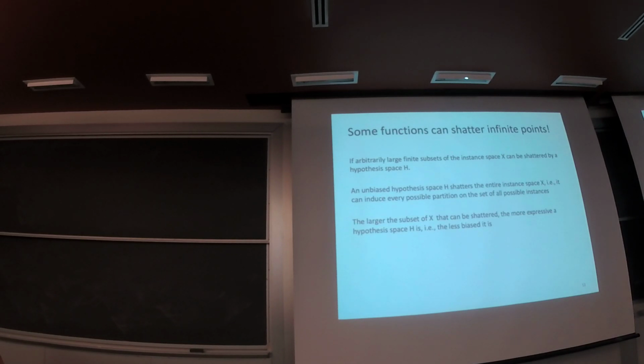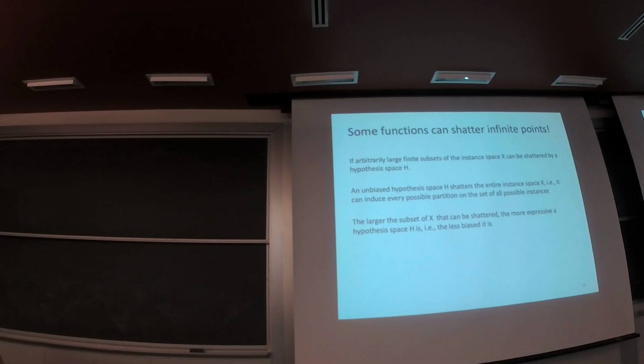And when your hypothesis space can shatter the entire instance space X, if your instance space X is finite, that means it shatters the finite instance space. If your instance space is infinite, that means it shatters infinite points. Then we say your hypothesis space is unbiased.